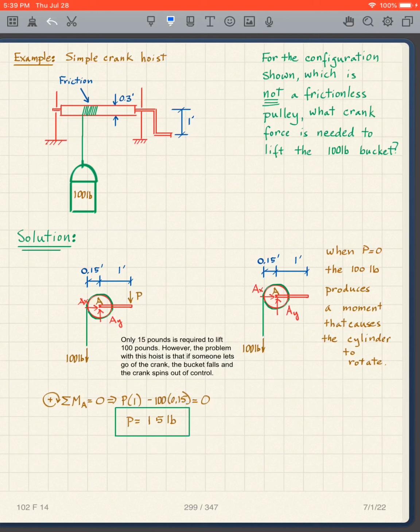If you don't, the bucket is going to drop back down to the bottom of the well. So this is a very simple hoist, the most basic hoist you can have, but you can see that it still works in the sense that I can only put on 15 pounds and I lift 100 pounds.